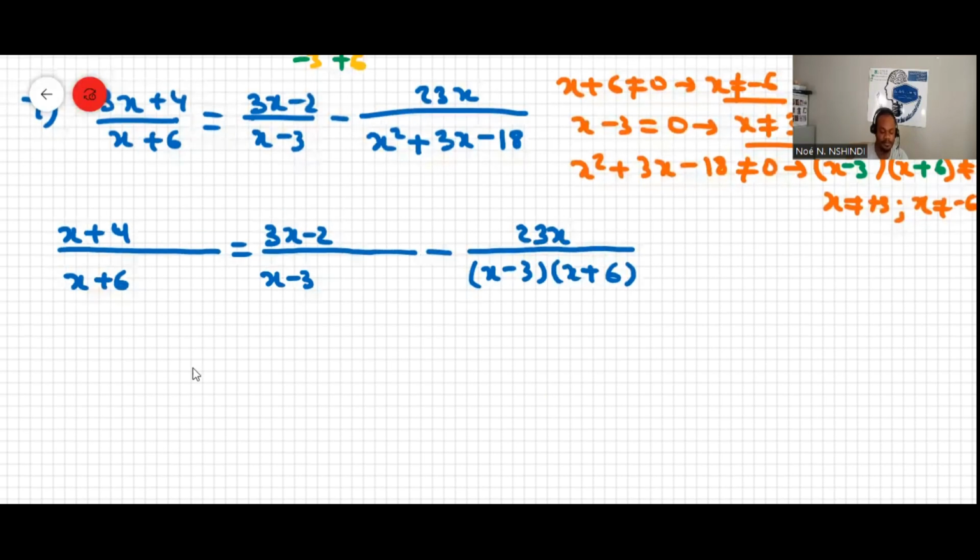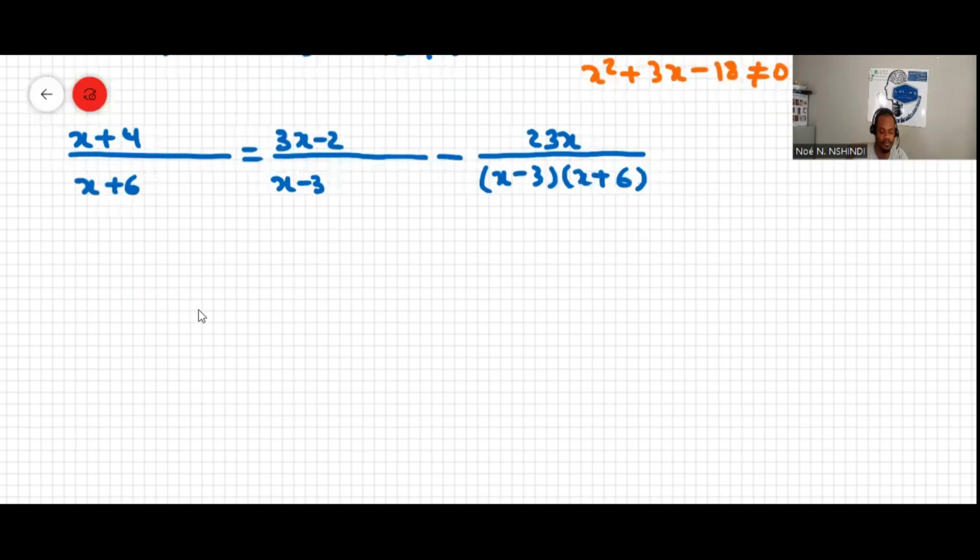Then we're going to make the denominator common, okay? So we multiply our terms here by x minus 3, and I do the same at the numerator there, x minus 3. Over here also, we multiply our terms by x plus 6, there we multiply by x plus 6.